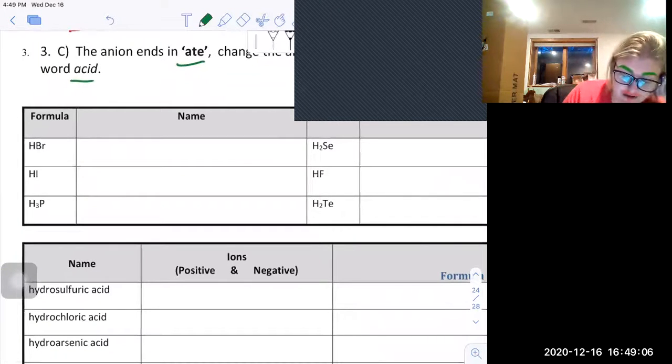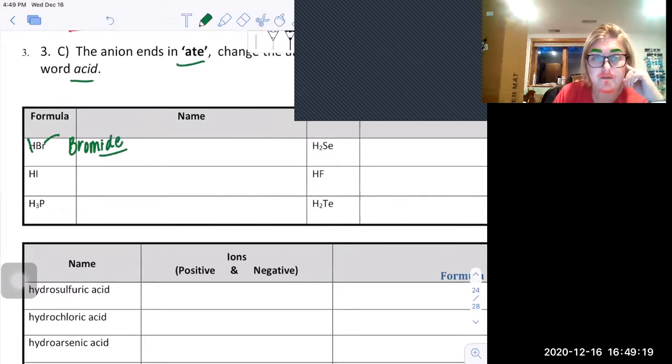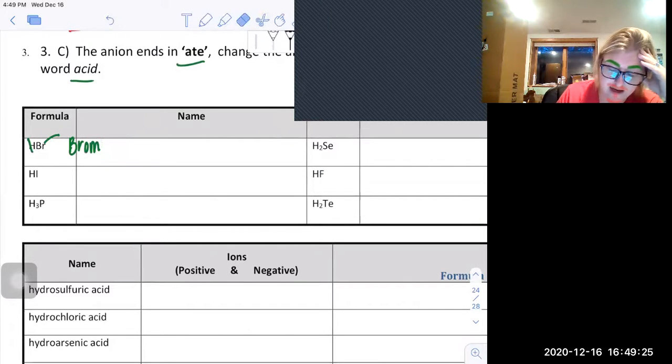So we have H, right? H is given, so we can just ignore that. This Br, one capital letter, so we know it's going to be bromide. Now, if you remember, the IDE goes away. We can cancel the IDE. I'm going to move this in the middle.